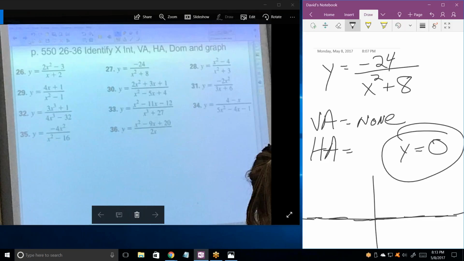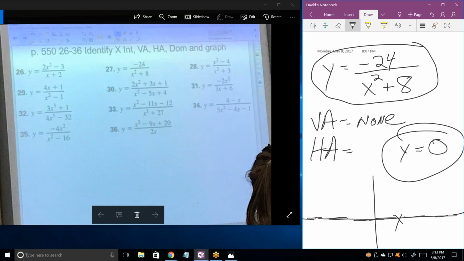X-intercepts? Start with the very first thing. Identify x-intercepts. What does y equal when you're talking about the x-intercept? 0. Think about it. If I'm on the x-axis, y is 0.